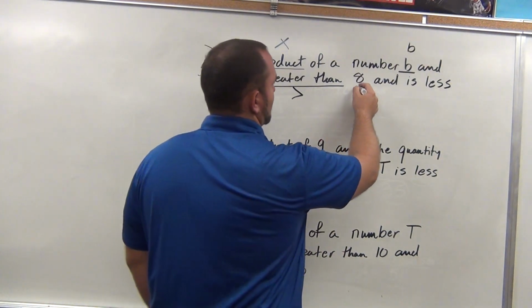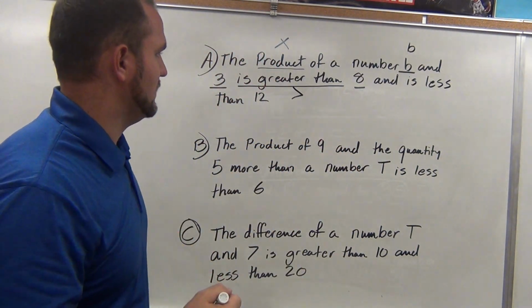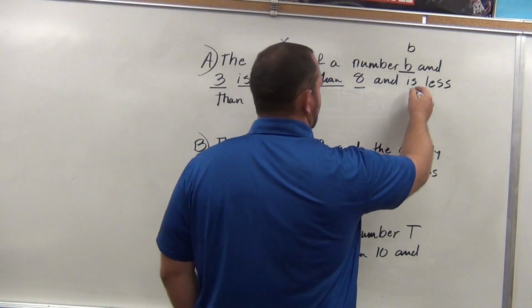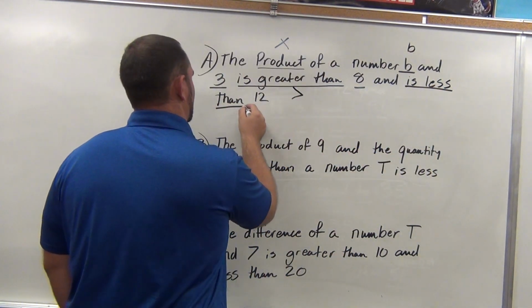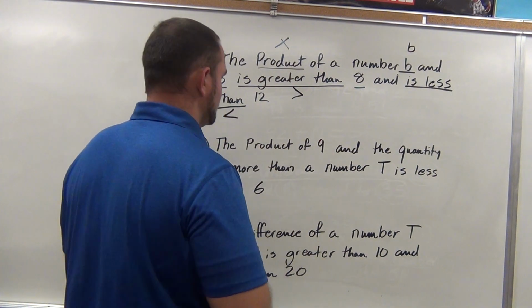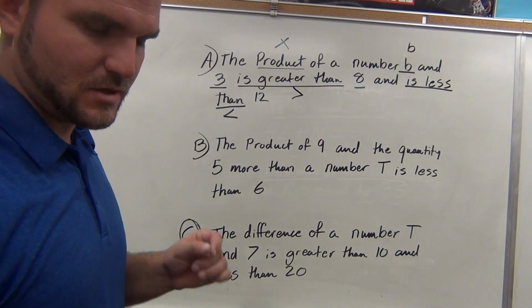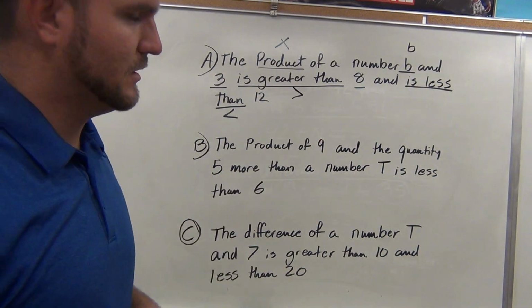8 and is less than 12. So is less than is the other part here. Okay, and I'm going to go ahead and put the less than symbol there. This one's interesting because we have two signs. We have a less than and a greater than.